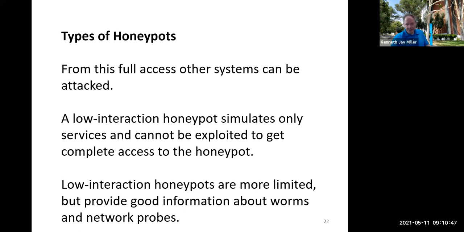Whereas with a high interaction honeypot, normally you gather information while people are in it, and then you turn it off and do the forensics on it, where you actually look at what files, what directories, what user accounts, what keystrokes, what IP addresses. You always want to treat the hard drive as forensic evidence that could be used in a court of law.